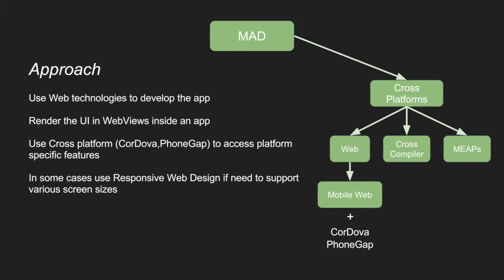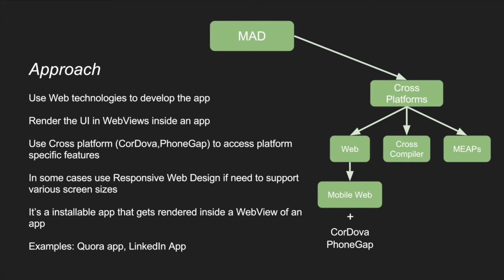In some cases, you use responsive web design if you need to support multiple screen layouts. And what you get out of this is not a simple browser-based website, but basically an installable app. You see everything inside the context of a browser inside an app. Some of the examples are Quora and LinkedIn.